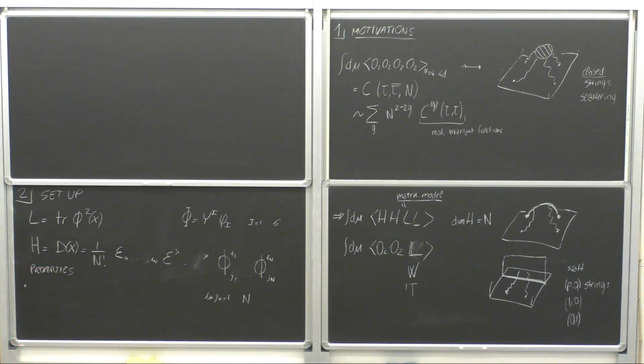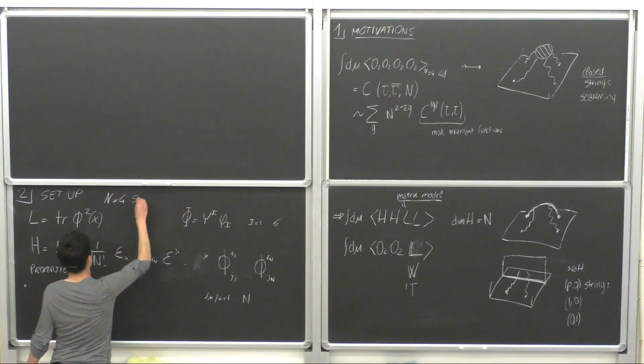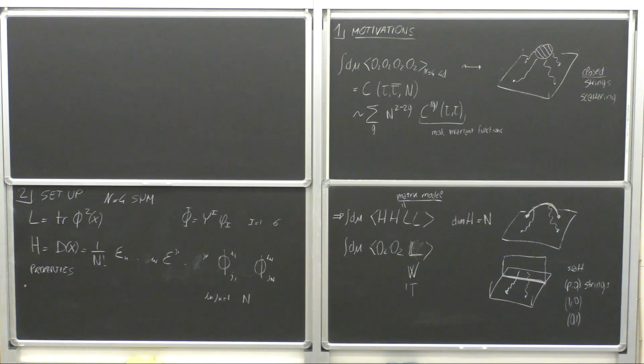So this is a gauge invariant operator. Here we are, sorry, I forgot to mention at the beginning, but we are again in N=4 super Yang-Mills. This is the N=4 super Yang-Mills version of baryon-like operators. So somehow these are interesting also from this particle physics perspective.